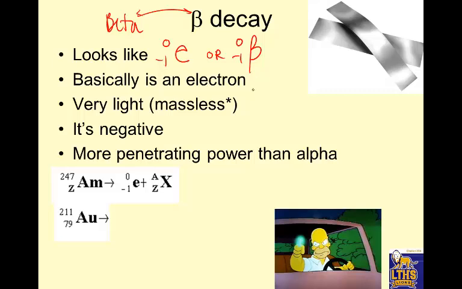So basically, a beta decay is when a nucleus is unstable, so some changes happen, and out of that nucleus shoots a beta particle. It's very light, almost massless compared to other things because it's an electron, and electrons have small mass. It's negatively charged, and because it has a little more energy than an alpha particle, you need metal and other things to block it.